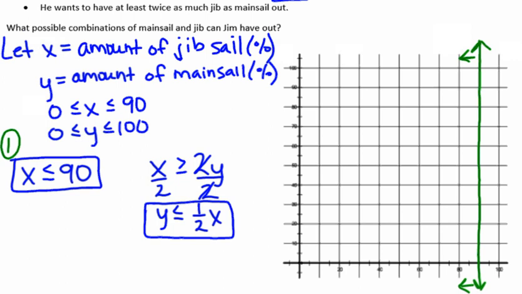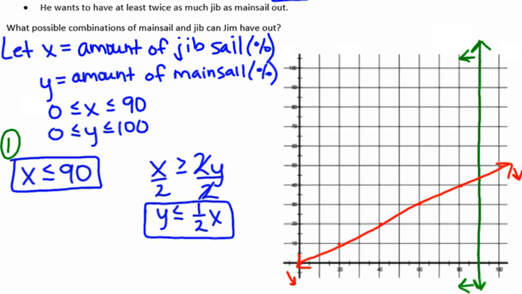And my second line has a y-intercept of 0 because there is no b value there. So I know it's going to intersect at 0. And I have a slope of 1 over 2. So go up 1 over 2, 1 over 2, 1 over 2. And this line will also be solid. My inequality says y is less than, so I know I want to be shading underneath of my red line.